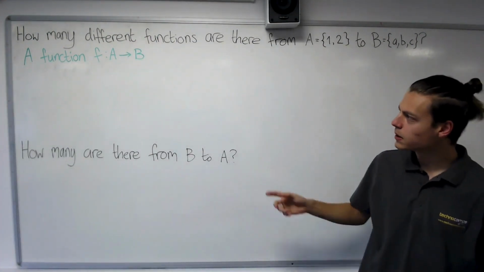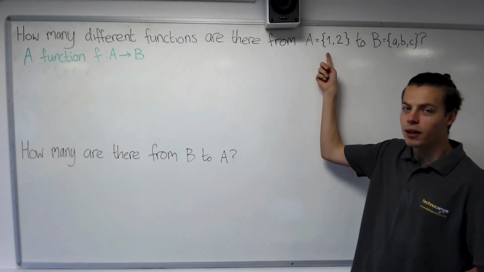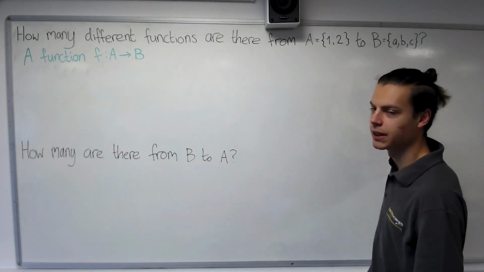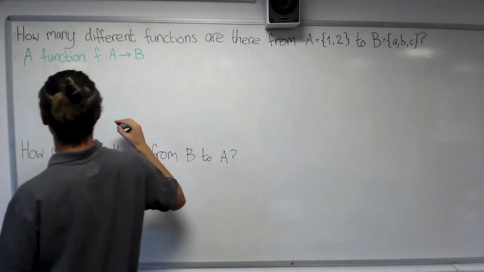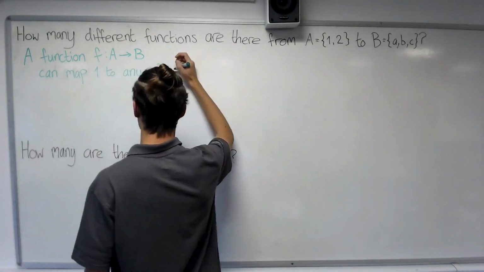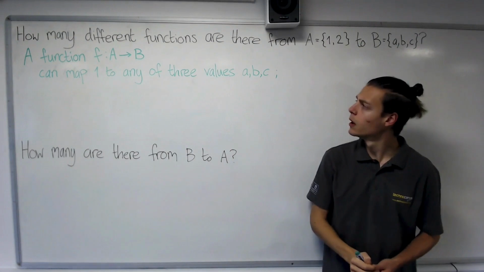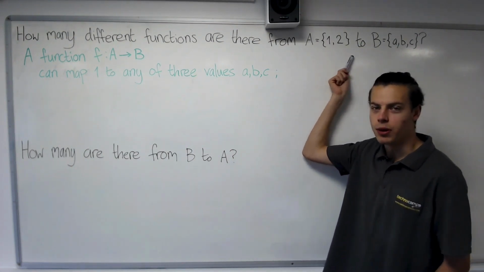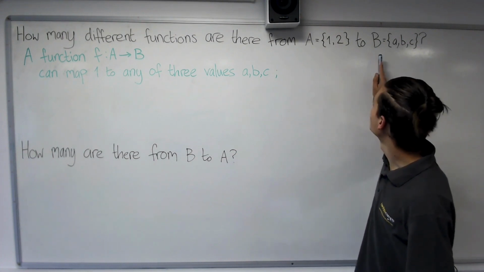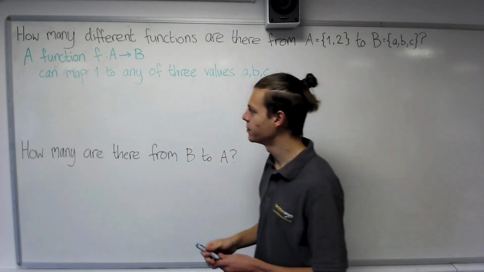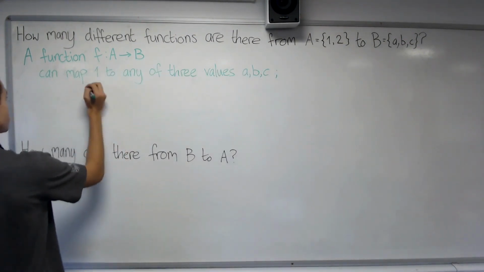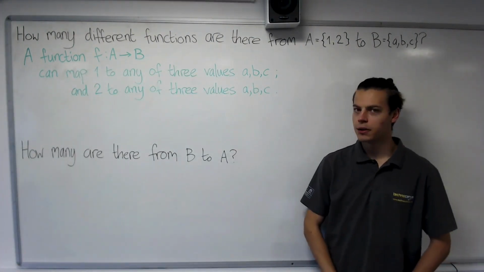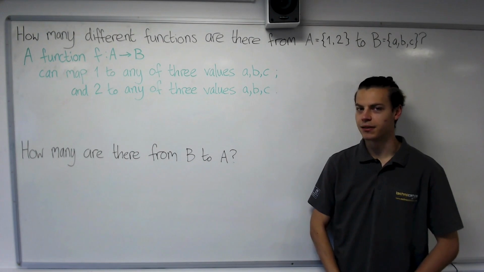Now, this function can map the number 1 to any of three elements, A, B, or C, right? And similarly, it can map the number 2 to any of three values, right? A, B, or C. And that covers all possibilities, right?